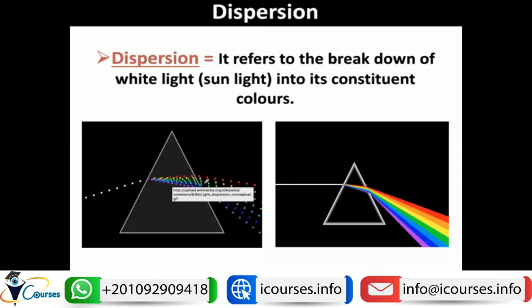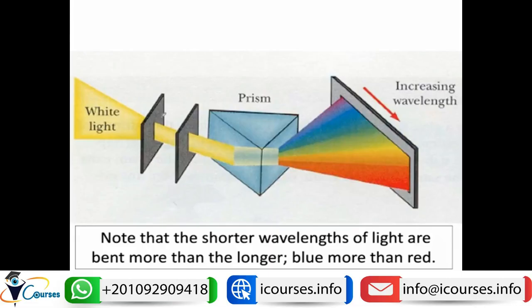This will lead to separation of the light into the spectrum of colors, as you can see here. So again, when white light enters the prism, it leads to dispersion of its components into the spectrum of colors.